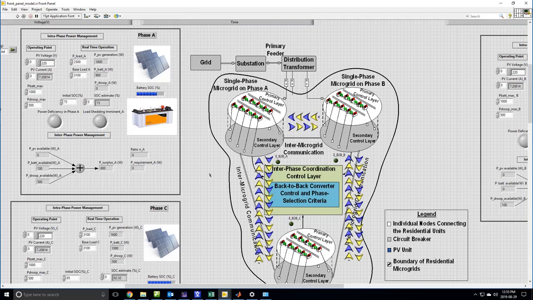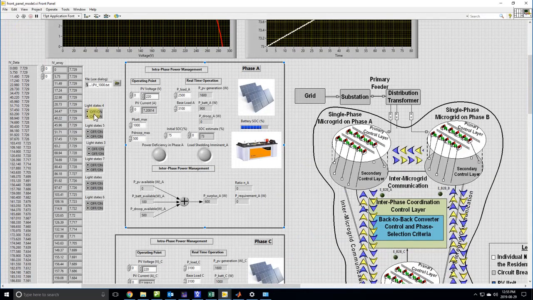Also, if you see over here, the phase A intraphase power management strategies and interface power management strategies are segregated for each phase. In this portion, there is an operating point setup for a particular phase.